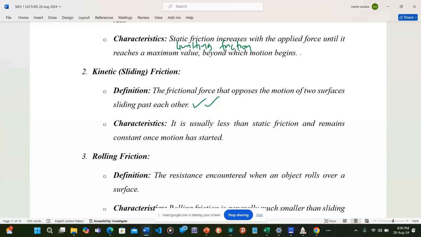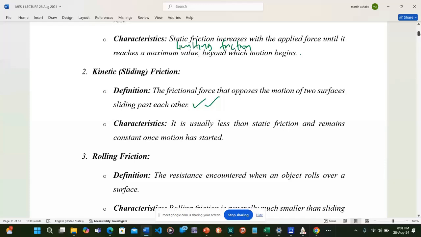So once you have your body on the same surface, this kinetic friction is going to remain constant. The static friction changes because it reaches a maximum at the limiting friction. And beyond that, it becomes constant.